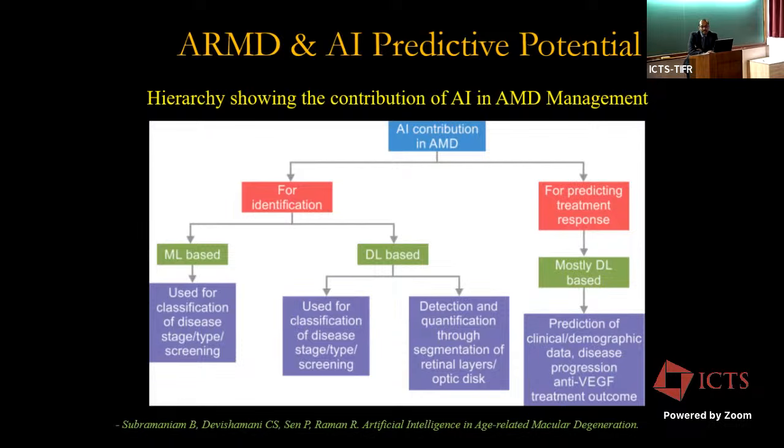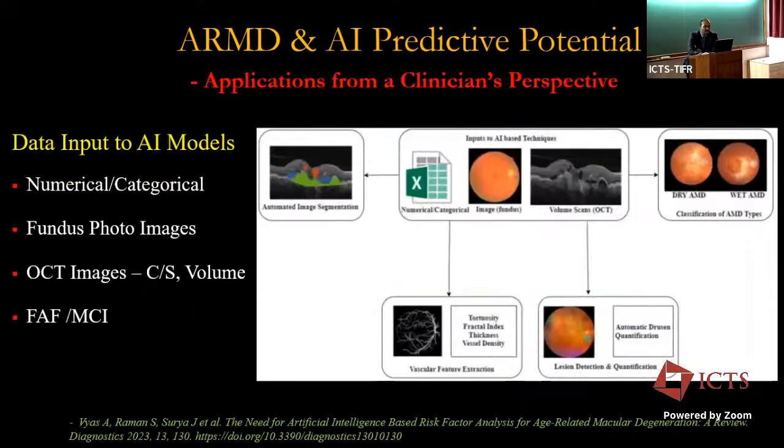It's mostly deep learning based prediction of clinical demographic data and disease progression, as well as anti-VEGF outcomes. So applications from a clinician's perspective: data input to AI models can be numerical or categorical, which is basically our clinical data, imaging, fundus photographs, and OCT. Now we are beginning to look at volume scans too, and we're also beginning to look at autofluorescence.